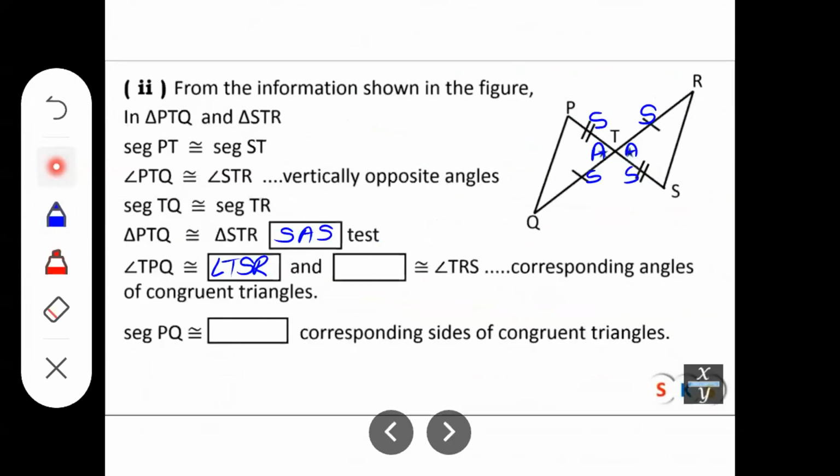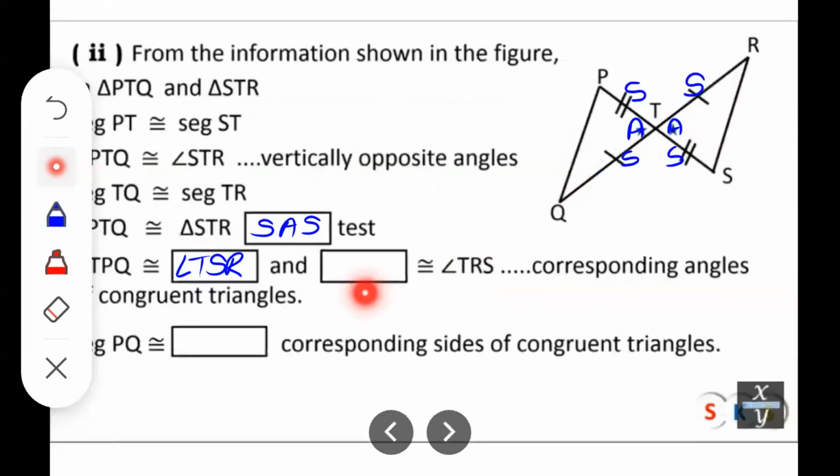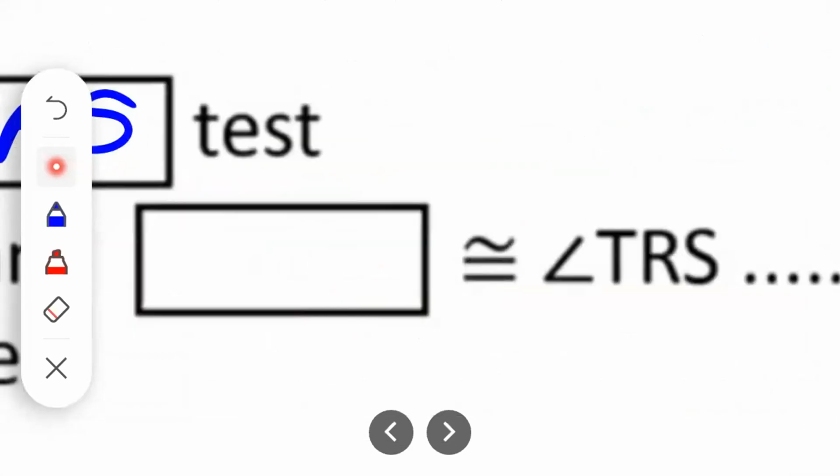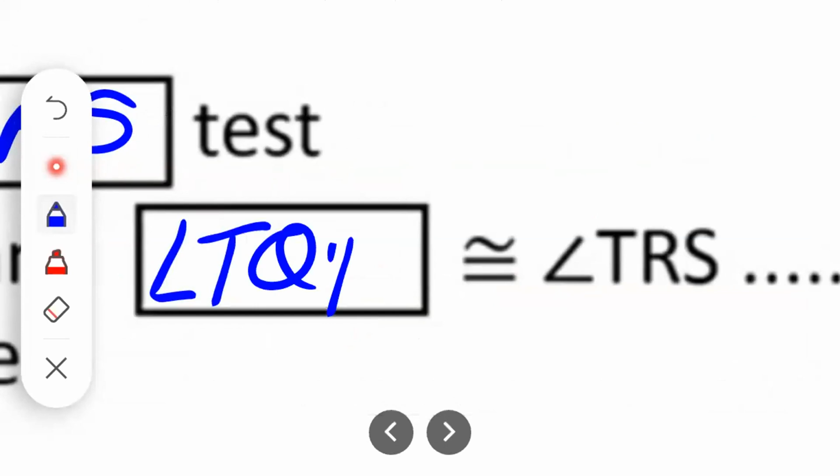And which is the other one? Angle TRS, and with angle R, Q is the corresponding angle. So let's write it. The name of the angle here will be angle TQP, right?